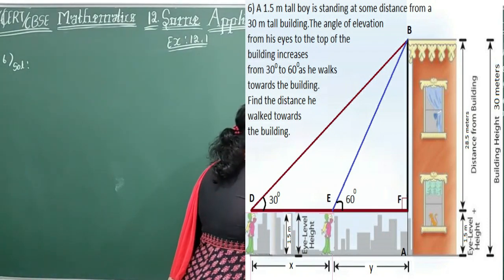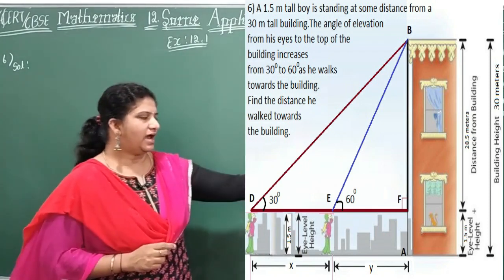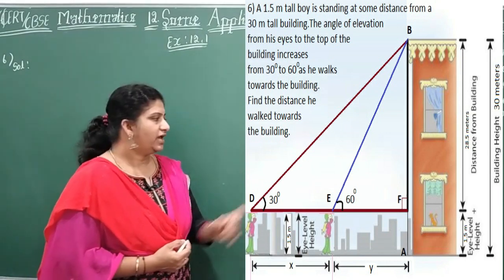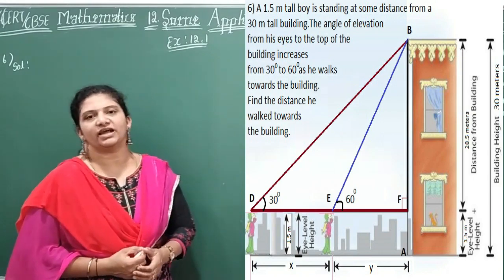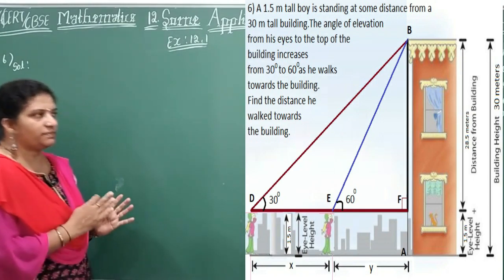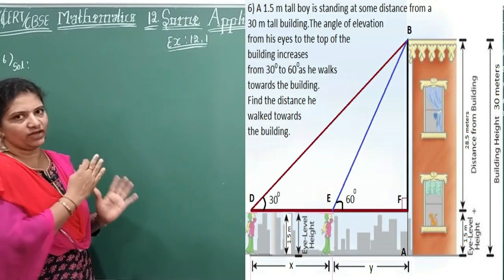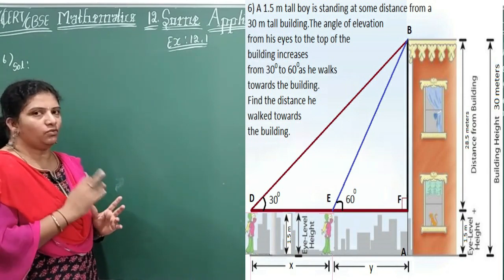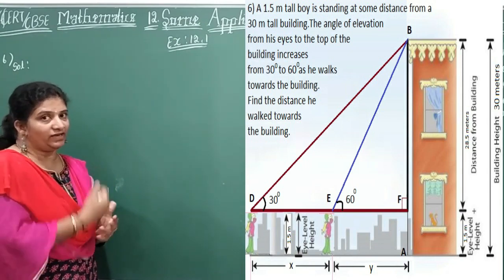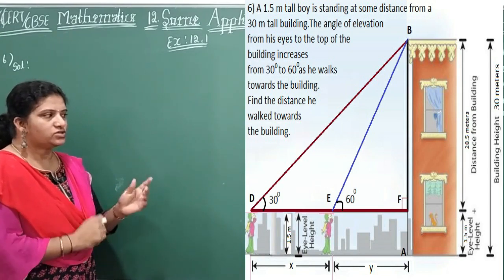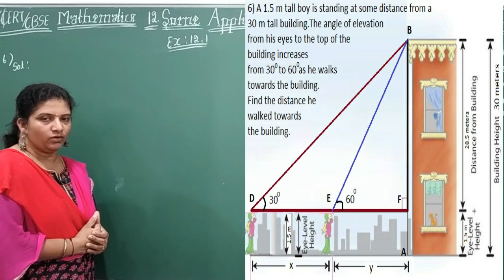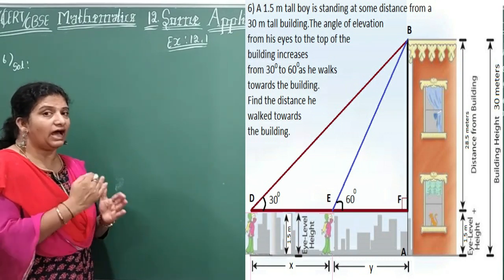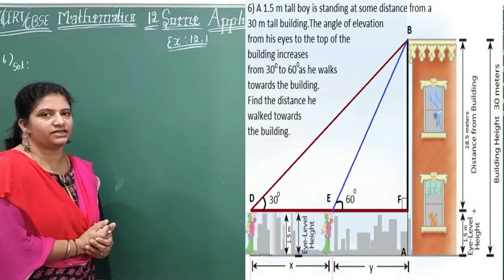Look here children, this letter is E and that letter is F. EF, let us assume it as Y, and DE, let us assume it as X. So observe the picture carefully children, then we are going to start the problem. And one more thing you need to observe, the angle of elevation there. What they have given is the opposite side. What they are asking is the adjacent side.